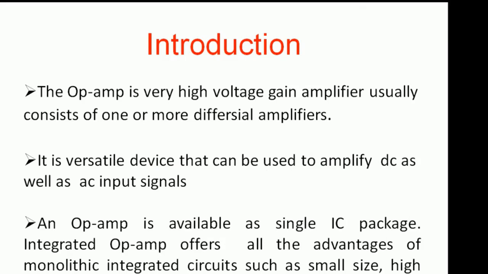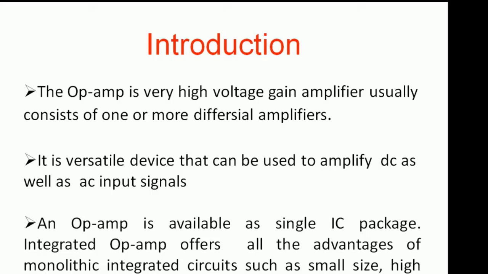Operational amplifier is a very high voltage gain amplifier, usually consisting of one or more differential amplifiers. It is a versatile device that can be used to amplify DC as well as AC input signals. An op-amp is available as a single IC package.